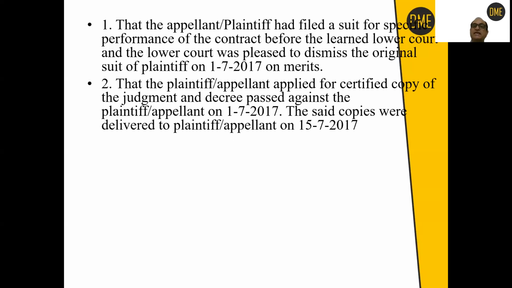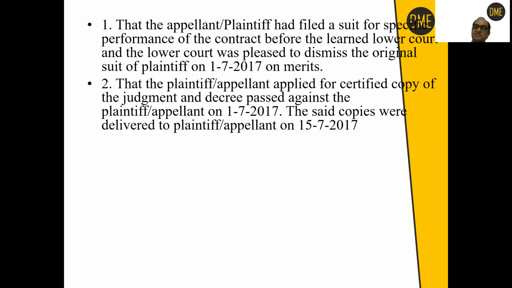Then after losing the case, the plaintiff wants to file an appeal. And for filing appeal, as you know, according to provisions of CPC, a certified copy of the judgment and decree of the lower court has to be filed along with the memorandum of appeal.